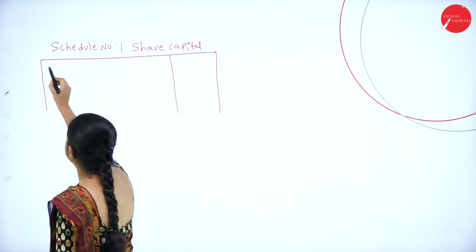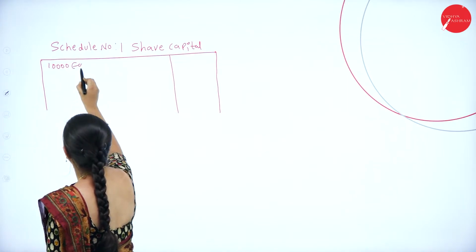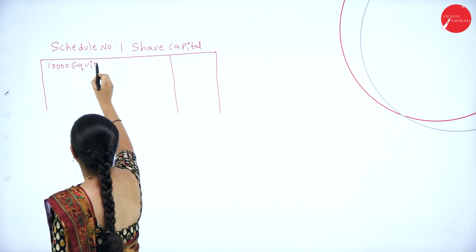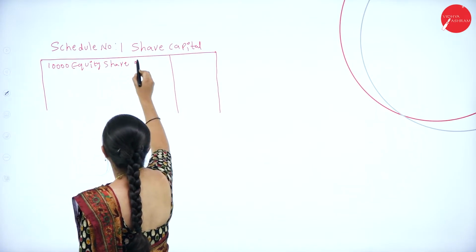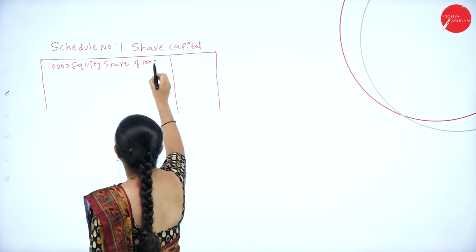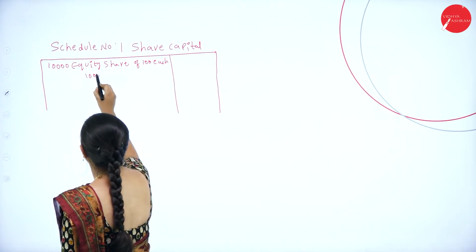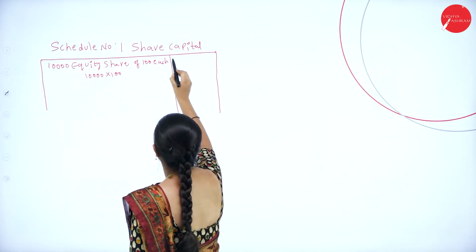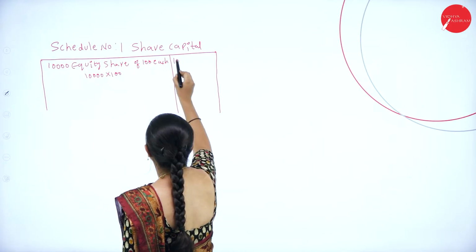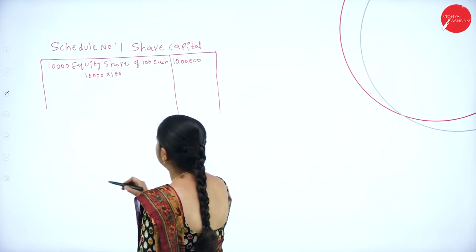Write down 10,000 equity shares of 100 each. So 10,000 into 100 is 10 lakh.